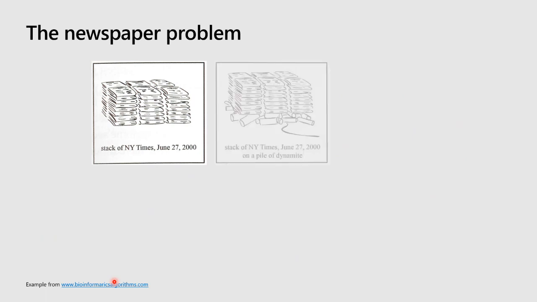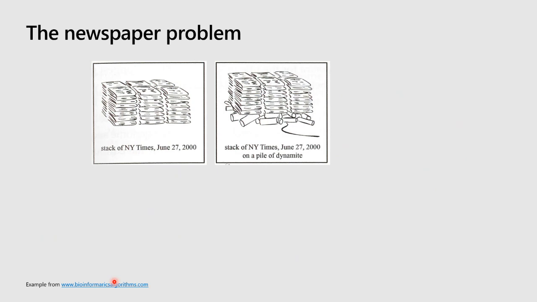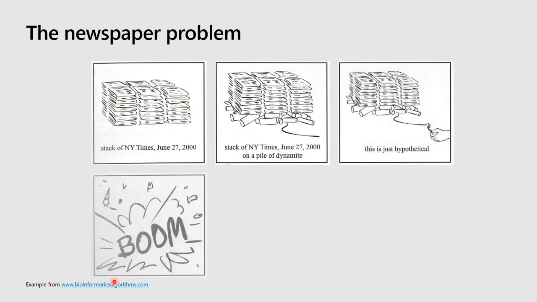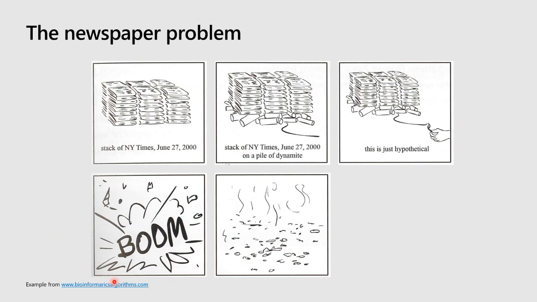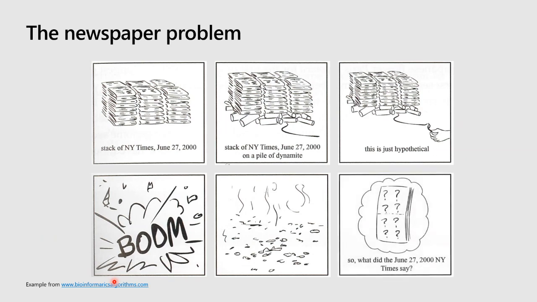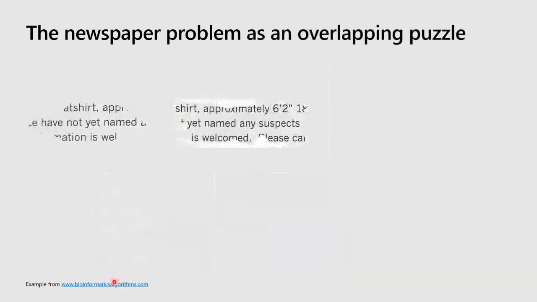Our initial focus will be in understanding how pieces of DNA ultimately are related to one another. So if we took these old things called newspapers, and I asked you to tell me what happened on June 27th, 2000, but I decided to make it more difficult and blew those newspapers up before I handed you the remains and asked you to tell me the information.